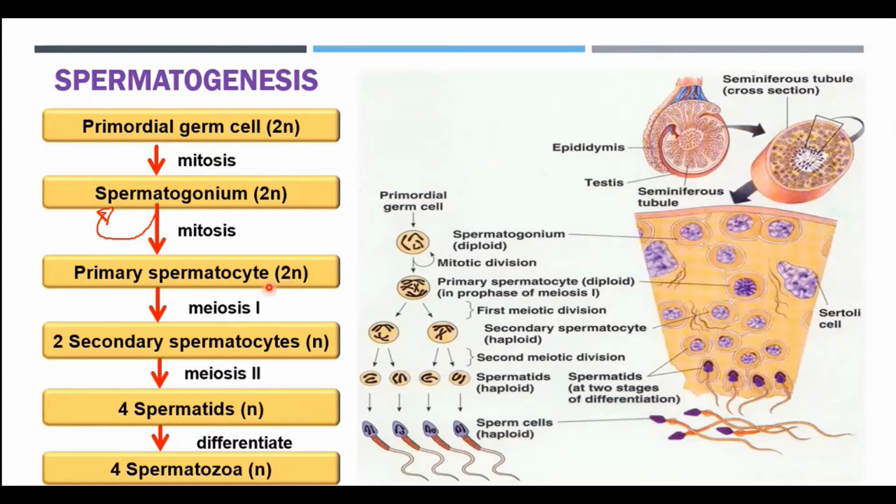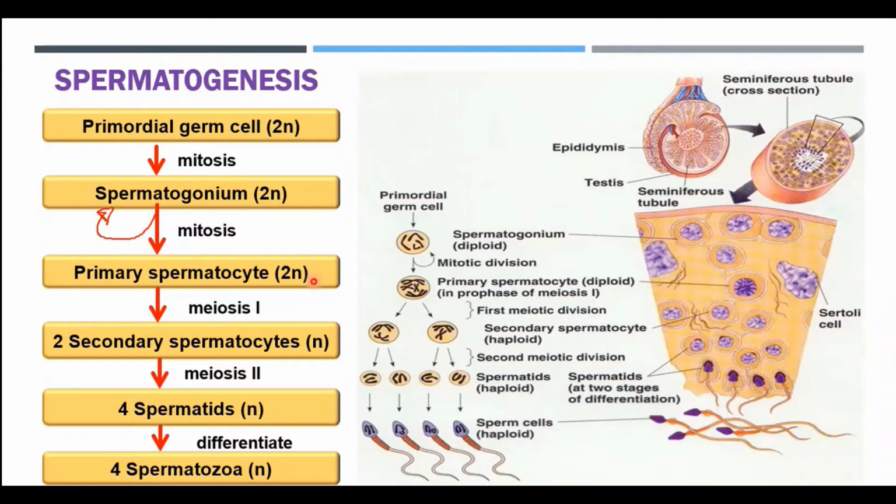But then the primary spermatocyte continues with the first meiosis, meiosis 1, in which one primary spermatocyte produces two cells known as the secondary spermatocytes. Since meiosis 1 has been completed, the ploidy has become haploid.